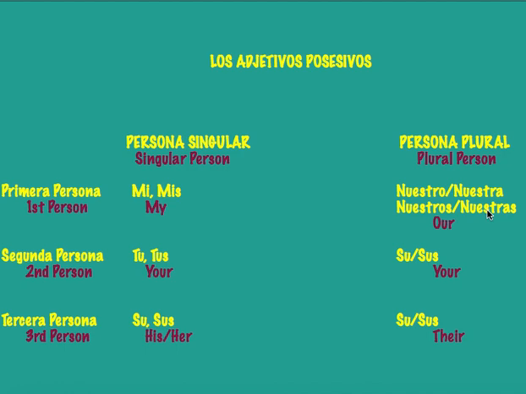Very simple. Now, sus. Okay, we use the same word in Spanish for 3 different categories. How does this work? Well, if you're saying it's his book, su libro. If it's y'all's book, su libro. If it's their book, su libro. For these 3, you're going to have to rely on the context.